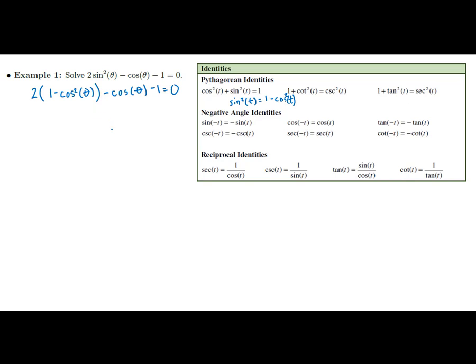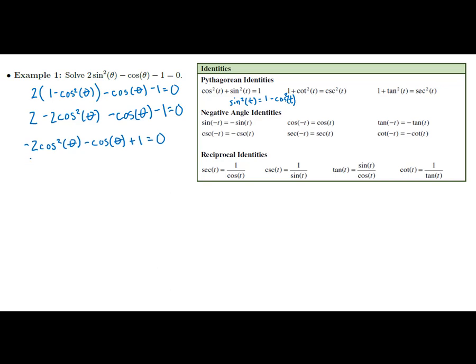All right, so let's clean this up a bit. We've got 2 minus 2 cosine squared theta minus the cosine of theta minus 1 equals 0. And so we can combine some like terms. So this will be negative 2 cosine squared theta minus cosine theta, and then 2 minus 1 is positive 1.